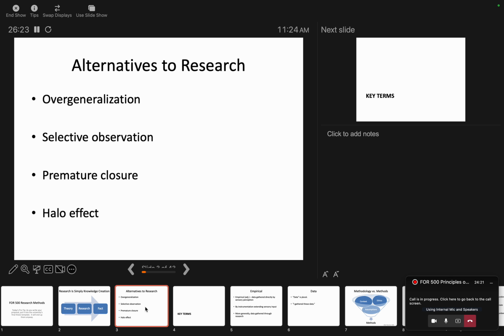Luckily, we've already discussed that there are plenty of alternatives to research. This is just a very, very short and incomplete list. But, for example, if we have people who are absolutely convinced that Bigfoot exists, Sasquatch, based on grainy movie film from the 1950s or 60s, whenever that was, we would call that premature closure.